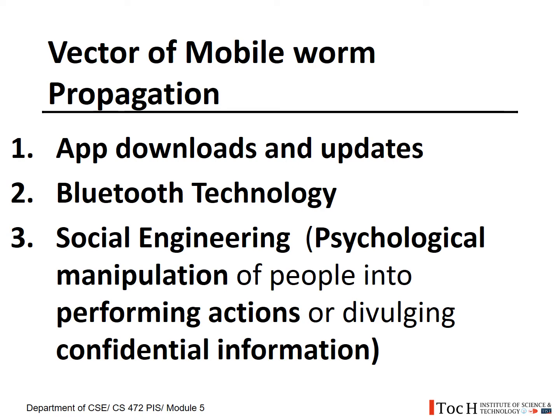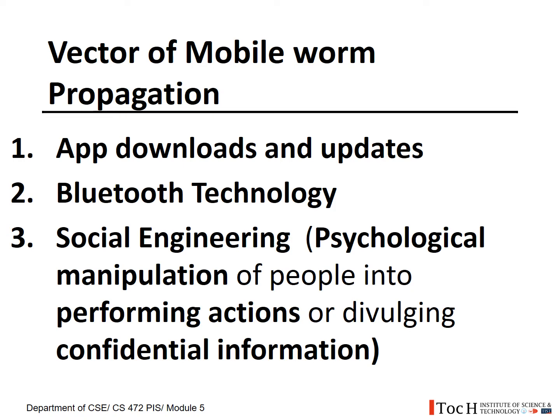When we download various apps or when we update the already installed apps, there is a chance for this mobile malware to get into the connected devices. And the second method is through Bluetooth or any other wireless technology. When different devices get connected together, there is a chance for the malware in those connected devices to get into our devices.